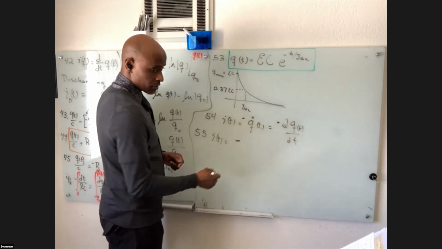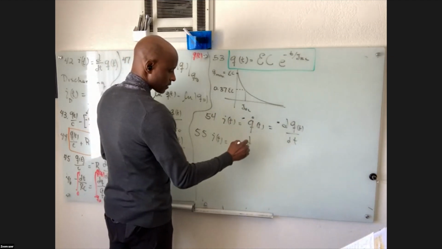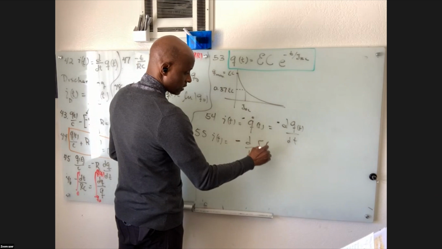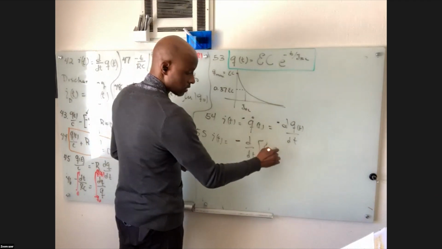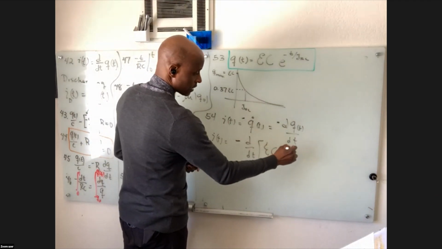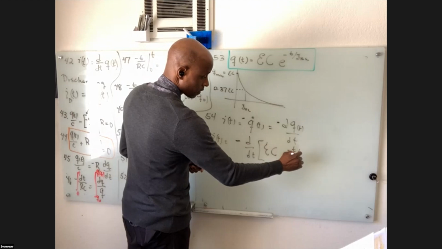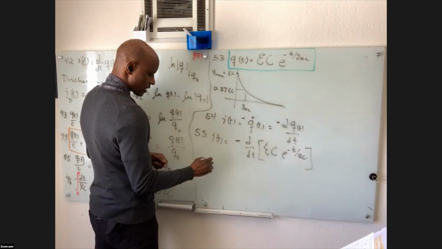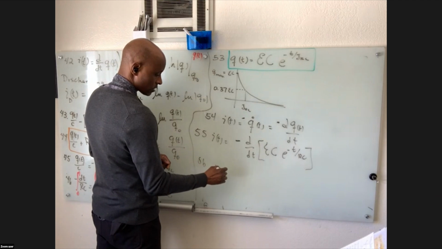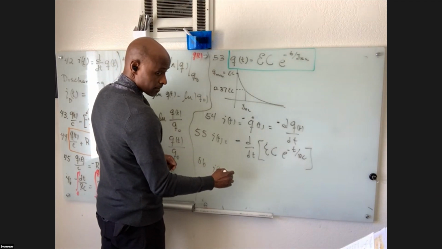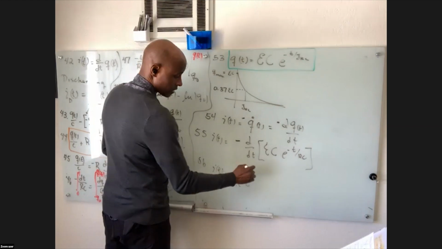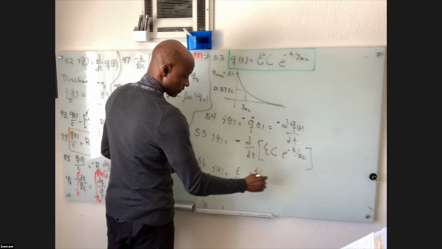So negative dq dt. So you're taking the negative of the derivative of this thing, EC e to the minus t over RC. And so in the end, you'll get the same answer we got before, which is a positive E over R times e to the negative t over RC.